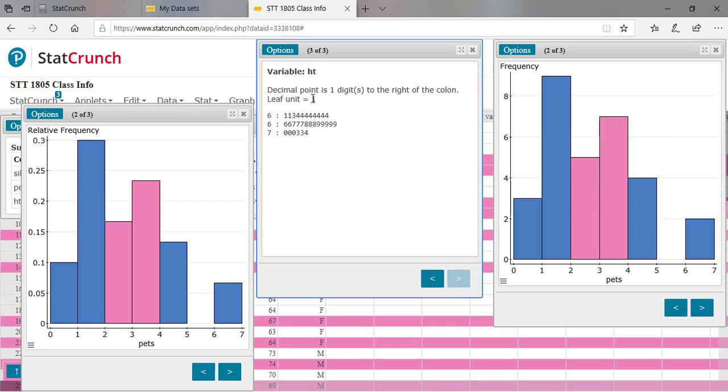So again, the key describing the leaf unit lets you know where these leaf values are falling so that you can then interpret appropriately. So these right here, if this is the ones place, then this over here is the tens place for those stems, right? That's why we're saying 61, 66, 70. Over here with pets, again, we're using the tenth place, so these are whole numbers right here on the stem, and every one of these is just a decimal.